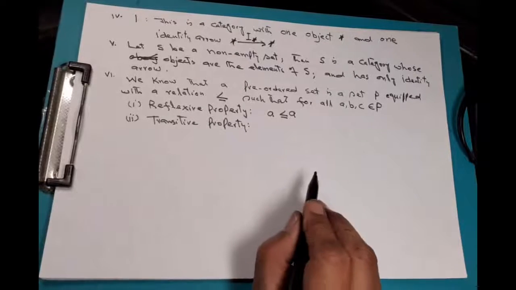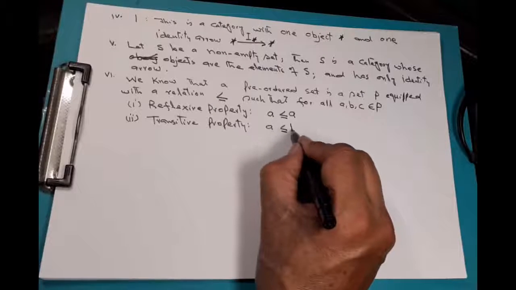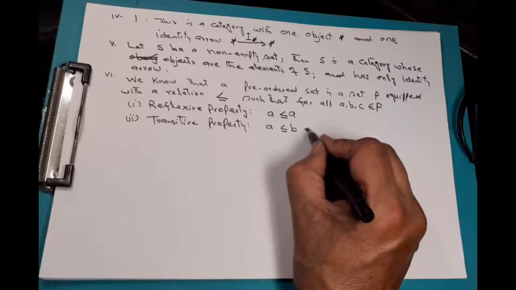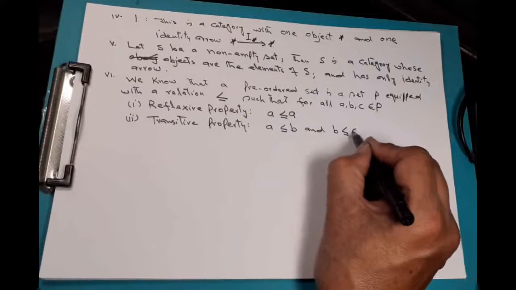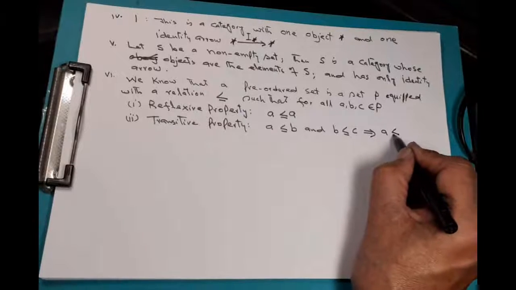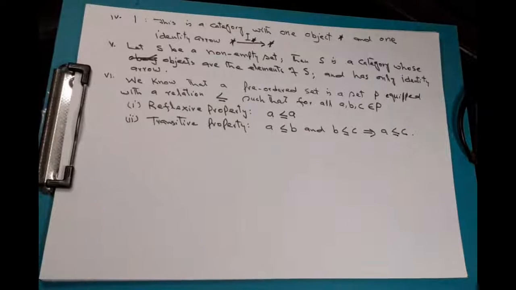And that says that if A is related with B and B is related with C, then A is related with C. So these are the two conditions for P to be a pre-ordered set.